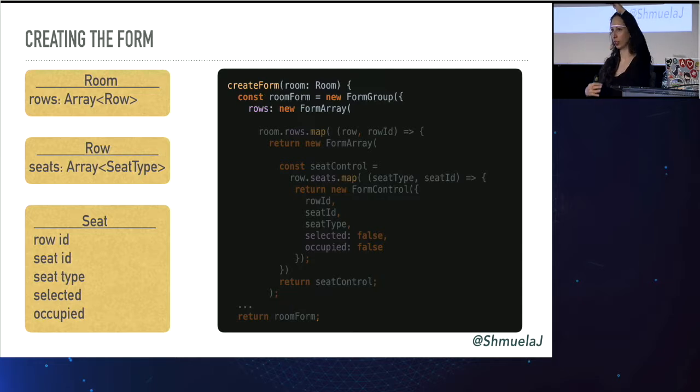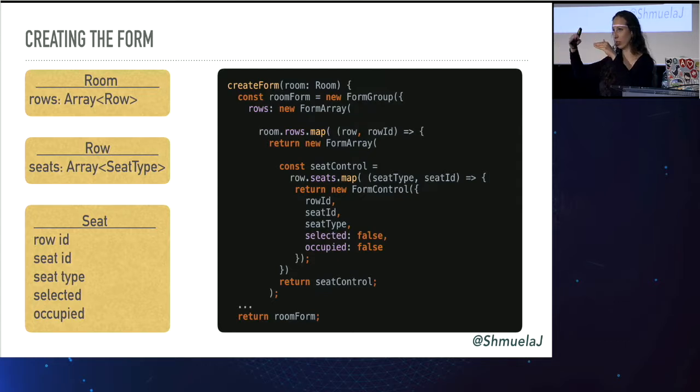So the form group is for the whole form, and it has rows in there, which is a form array. And this array has another nested arrays inside for each row, so the nested array is of seat controls, and the seat controls are here.